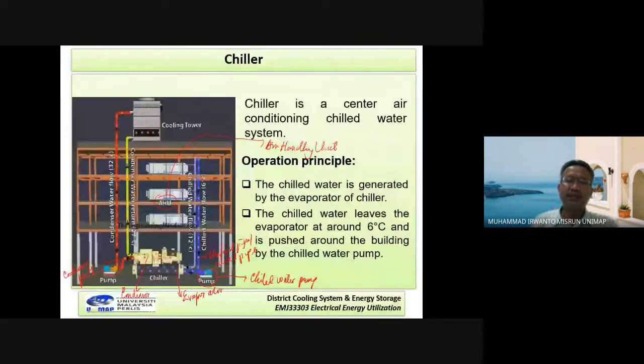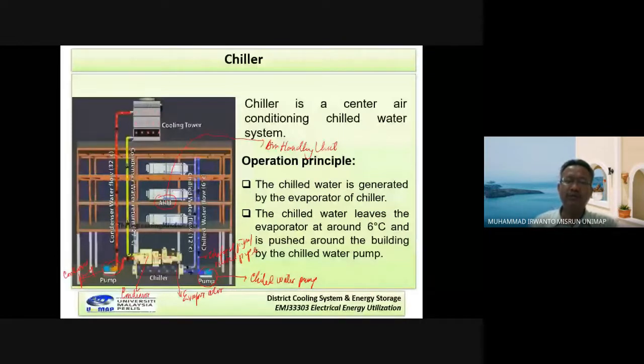In this air handling unit, for example, there is a cooling coil, and also a filter and a blower. Why?